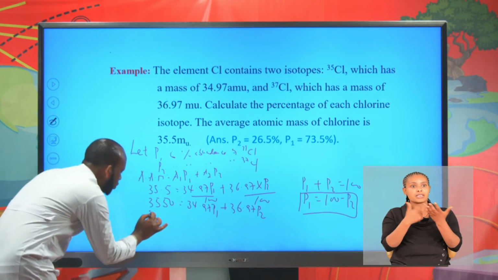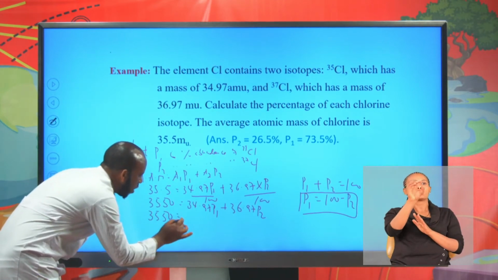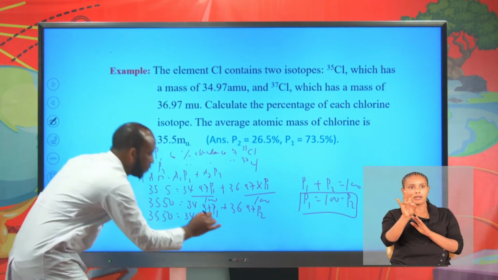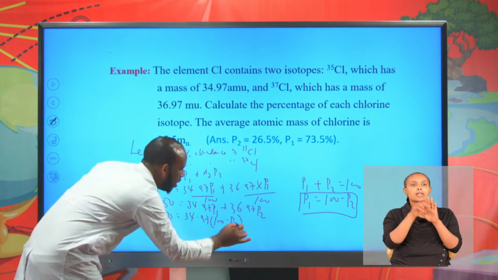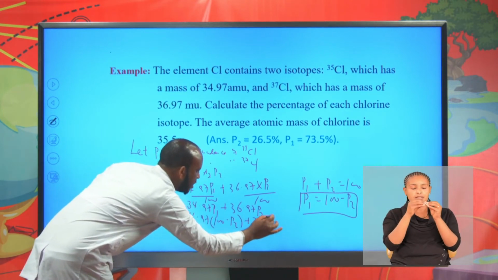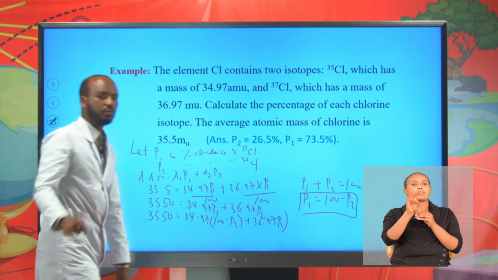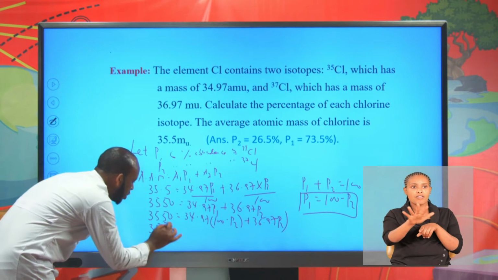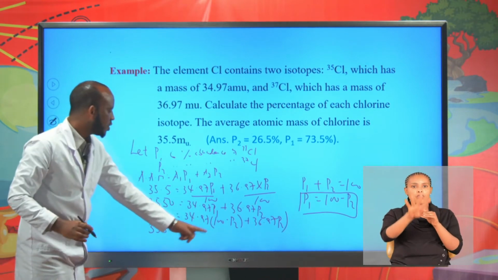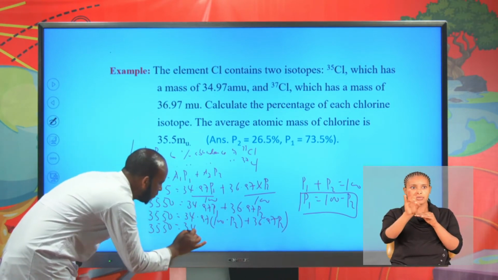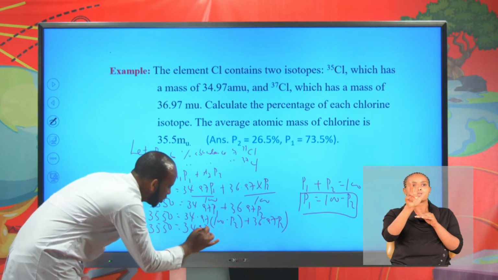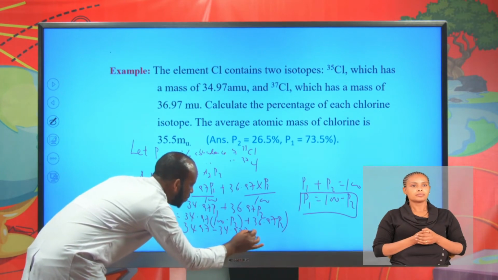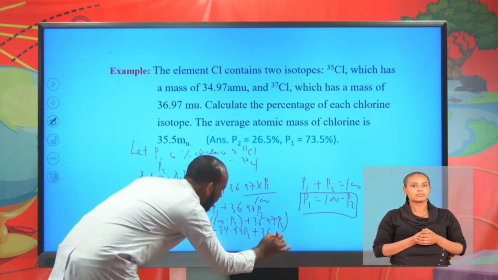Now this gives you 3550 equals 34.97 times (100 minus P2) plus 36.97 P2. This is the same as 3550 equals 34.97 times 100, which is 3497, minus 34.97 P2 plus 36.97 P2.